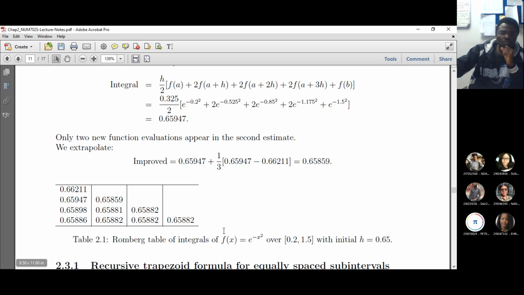Okay, what I will ask you to do as a homework is to try to generate this value to make sure that you understand the procedure.